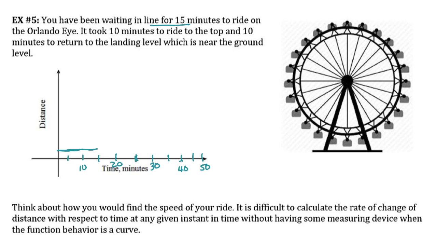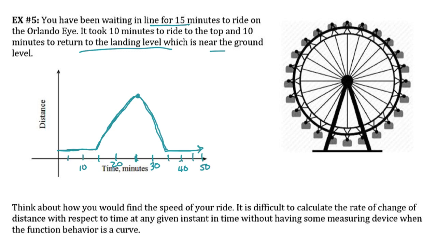So I know right here, we're going to go up 10 minutes, and then we're going to come back down 10 minutes. So when we come back down, that's going to be over here maybe at 35. And then again, you are going to walk again. Let's see, 10 minutes and return to the ground level. So now it's going to go back out this way. You could probably make that a little more rounded. Of course, I can't draw, so there's the idea there of what they were wanting you to do.